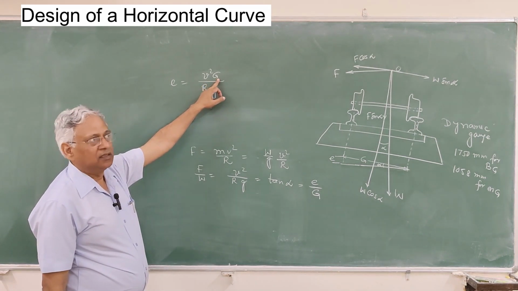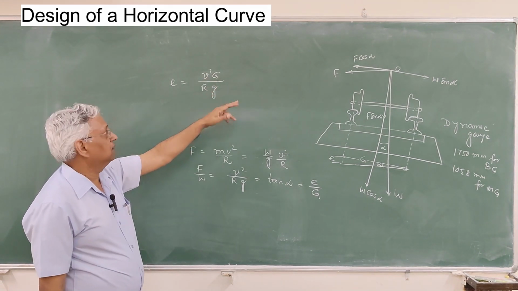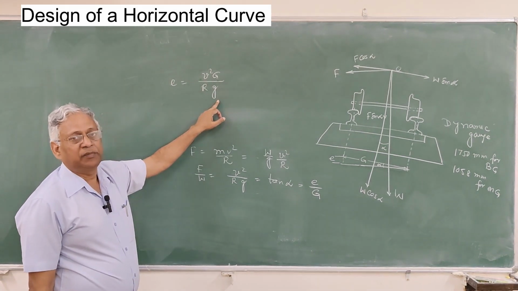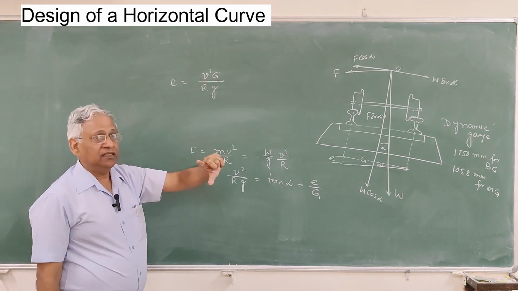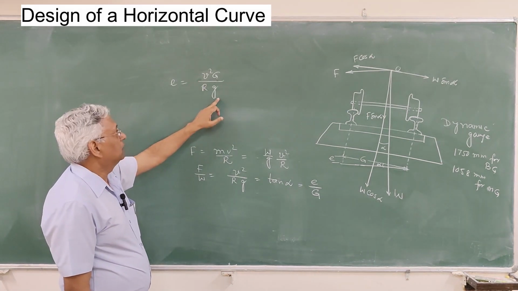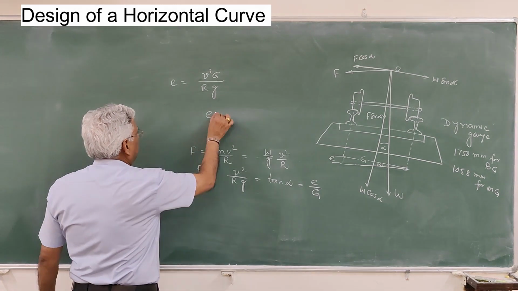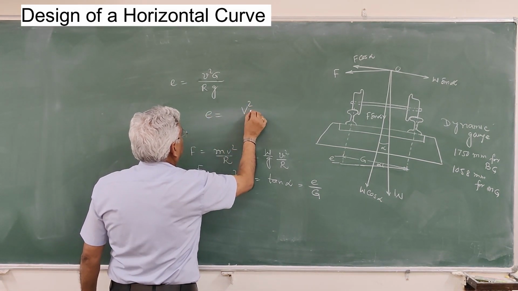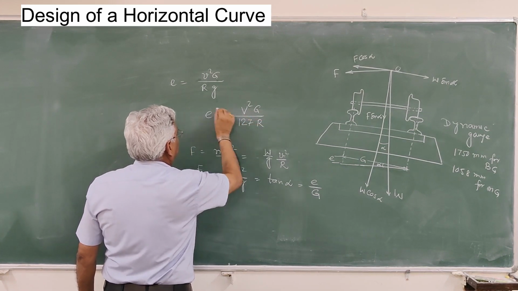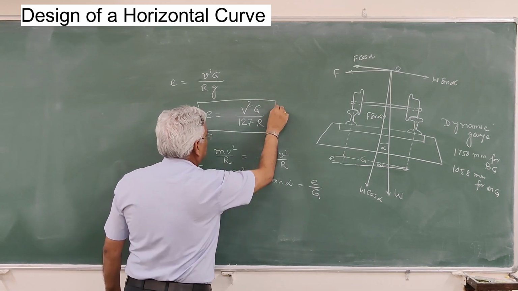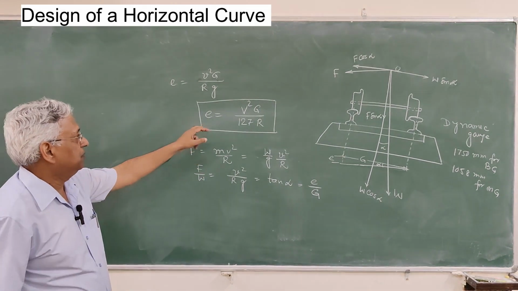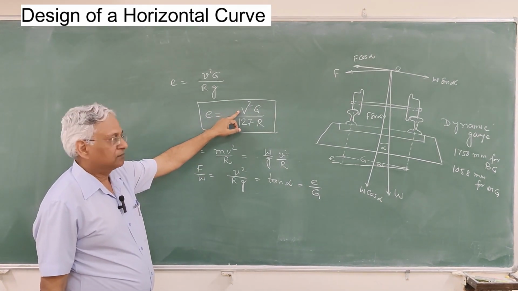G, the gauge in millimeter or in centimeter, V in meter per second, R in meter, small g in meter per second square. Speed generally we take in kilometer per hour, and therefore if you convert this speed into kilometer per hour, put the value of g, then this equation will be V square into G upon 127 R. Now this is the equation to calculate the amount of superelevation required when a train moves at a speed V kilometer per hour.